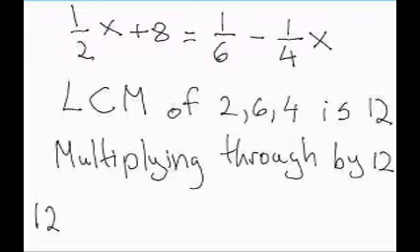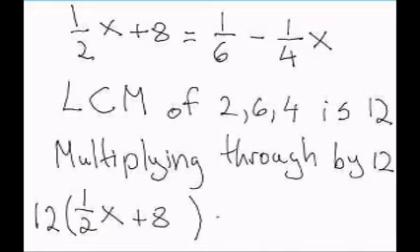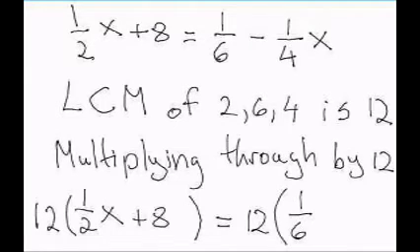In order to not make a mistake, I'm going to use plenty of parentheses. So I'm going to do 12 times the left side of the equation, 12 times 1/2 x plus 8. And we also want to do 12 times the right side of the equation, which is 1/6 minus 1/4 x.